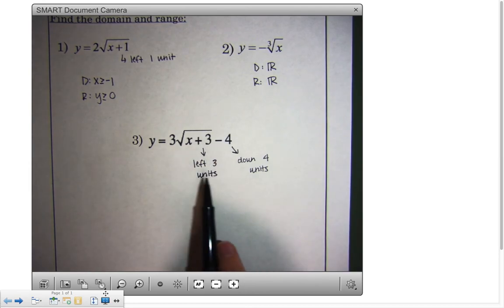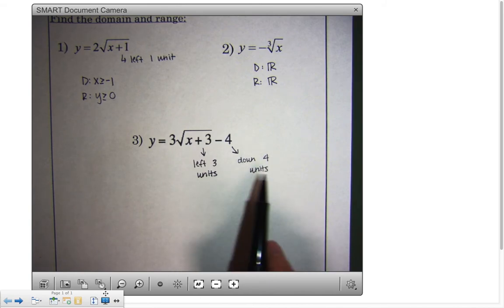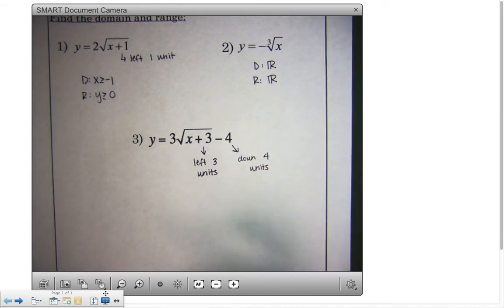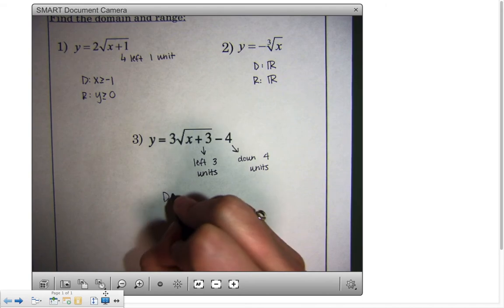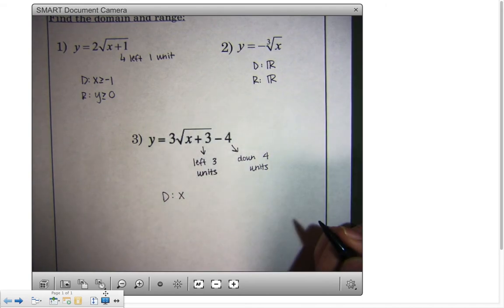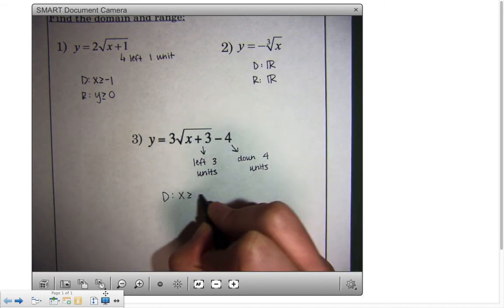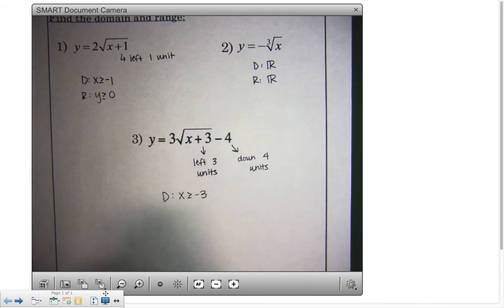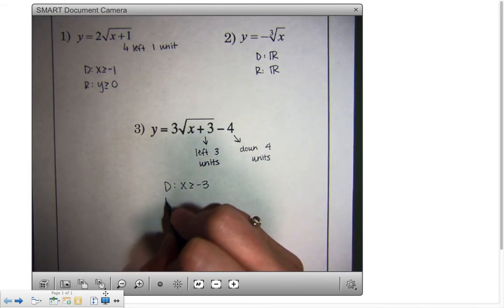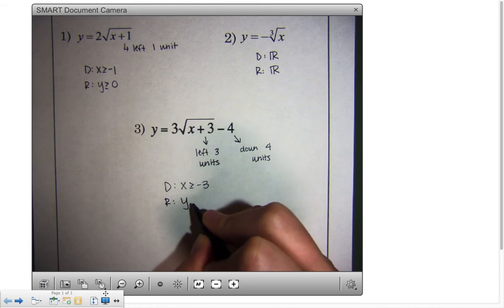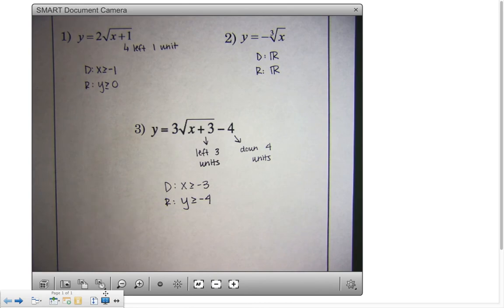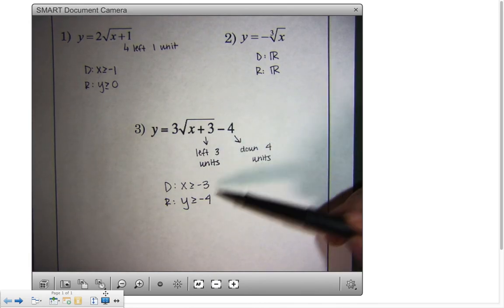This one, shifting left 3 units affects the domain. Shifting down 4 units affects the range. So instead of my domain being x is greater than or equal to 0, it's greater than or equal to negative 3. And instead of the range being y is greater than or equal to 0, it's y is greater than or equal to negative 4. See how they directly affect the domain and the range.